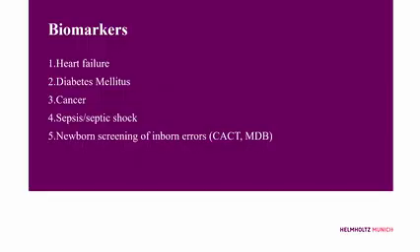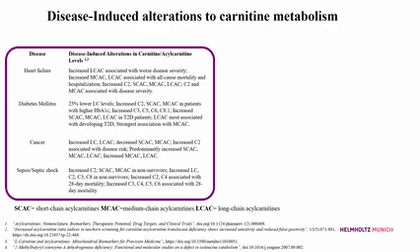There are many studies studying the correlation of levels of long-chain acyl carnitines or short-chain acyl carnitines to different diseases. For example, heart failure, diabetes, cancer, sepsis, and so on. Heart failure is associated with increased long-chain acyl carnitines.